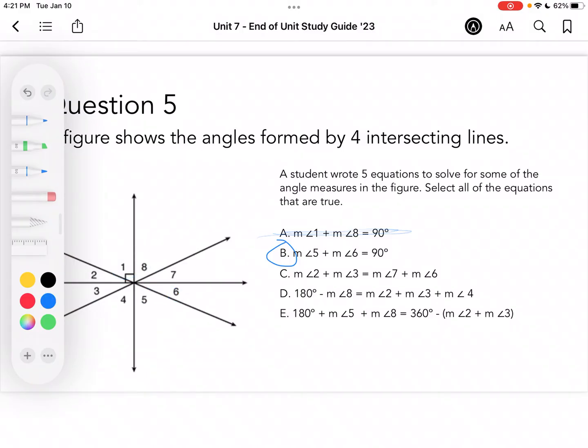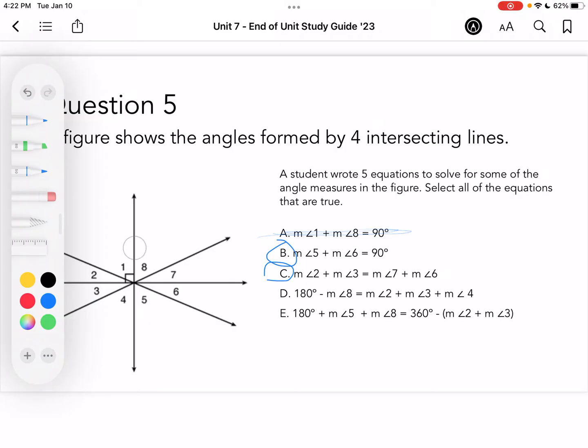All right, angle 2 and angle 3. So that would be these two are equal to angles 6 and angle 7. Well, I agree because they are vertical angles. All right. 180 minus angle 8.